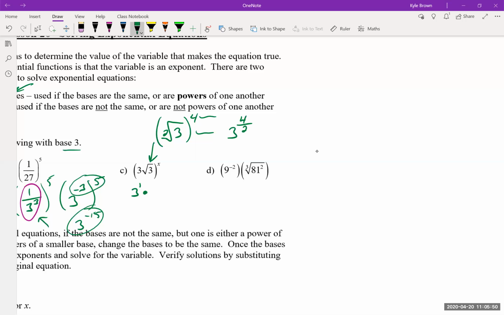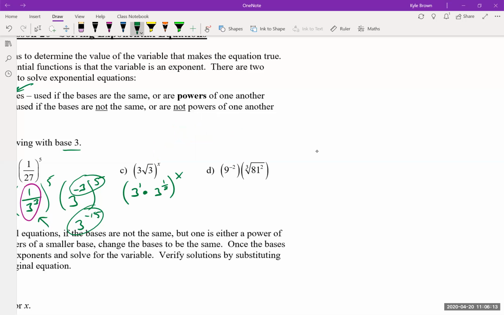So that'd be 3 to the power of 2 in that case. We can do the same thing with just the square root. The square root of 3 is the same thing as 3 to the power of 1 over 2, because the bottom number is the root. That's the idea, and it's all of that to the power of x.